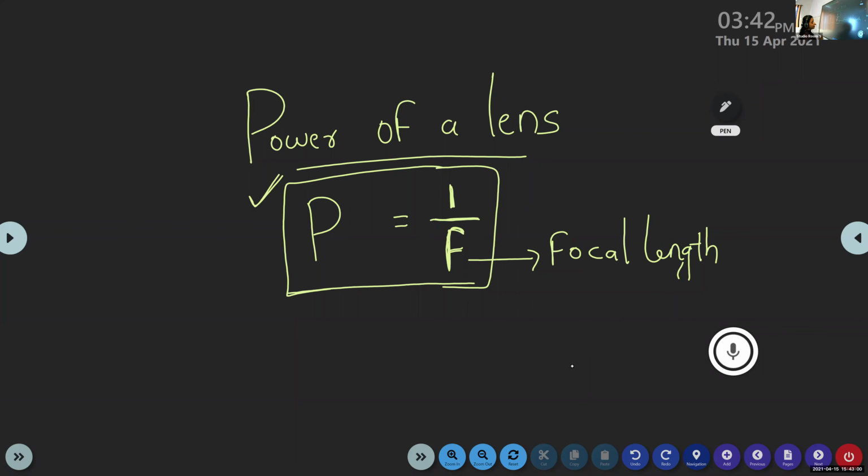Suppose a doctor prescribed to a patient a lens with power plus 2.5 diopter. Then students, can you guess the nature of the lens?